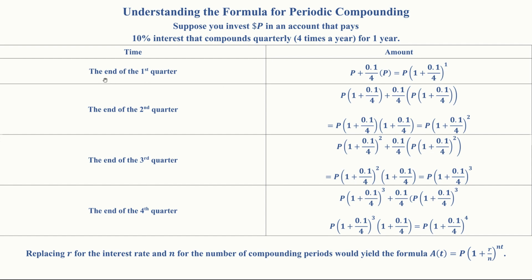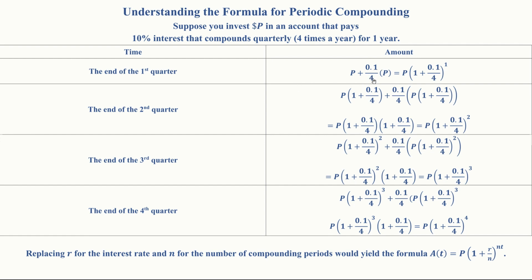So at the end of the first quarter, you're going to have however much you started with, plus you take the interest rate, which is 10%, and you always want to write it as a decimal when you use it in the formula. And of course, since we're paying interest 4 times, you're not going to get paid the whole 10% at the end of the first quarter.